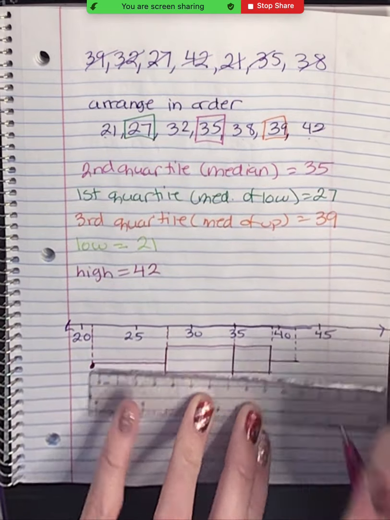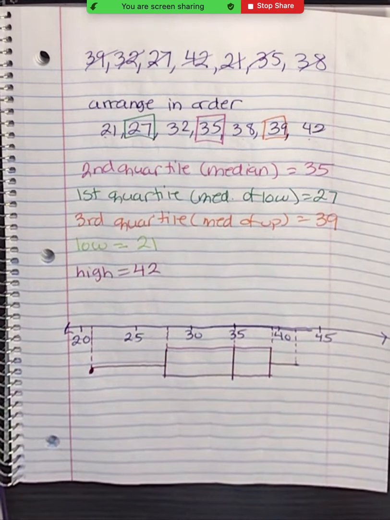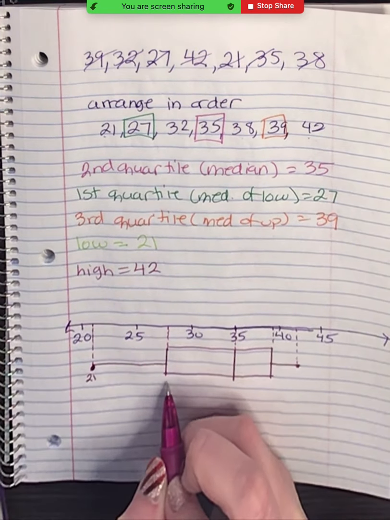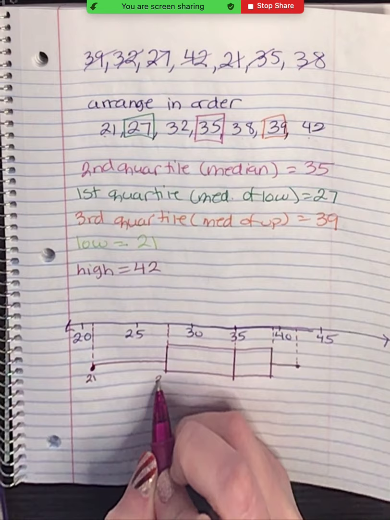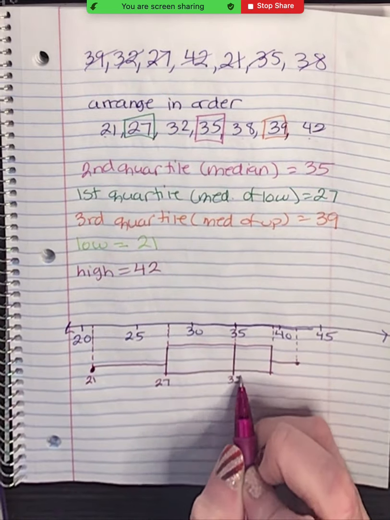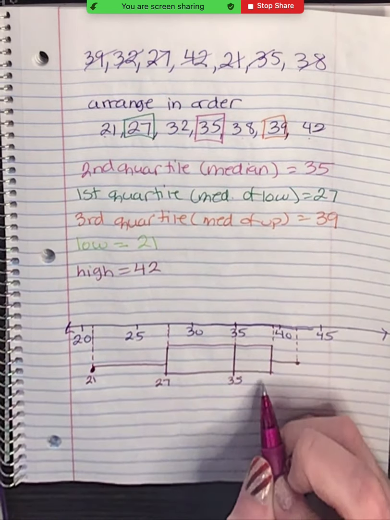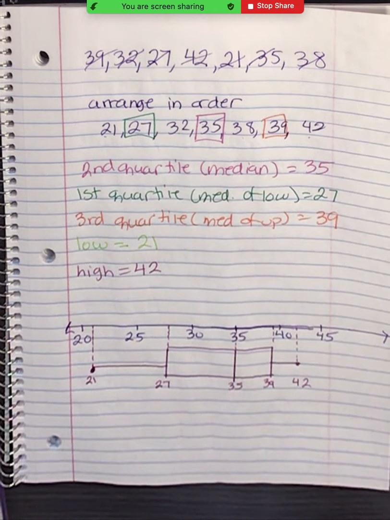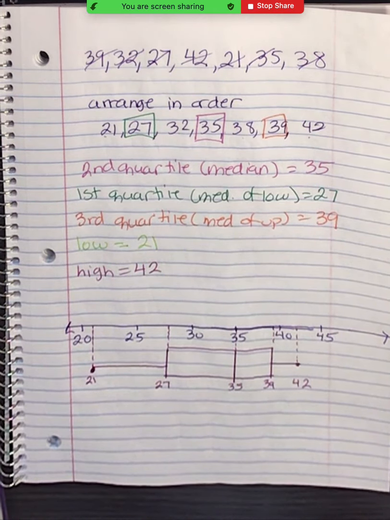Okay, and then the book does have you labeling it, so it would be 21, 27, 35, 39, and 42. Okay? Just so you know exactly where those numbers are. Okay? So that's a box and whisker plot.